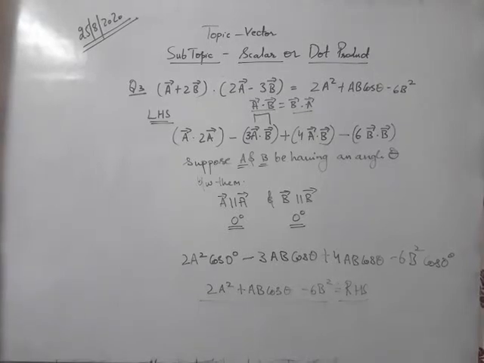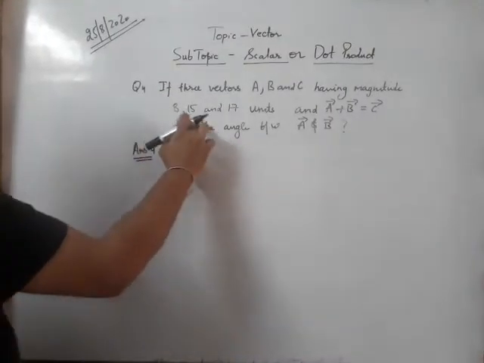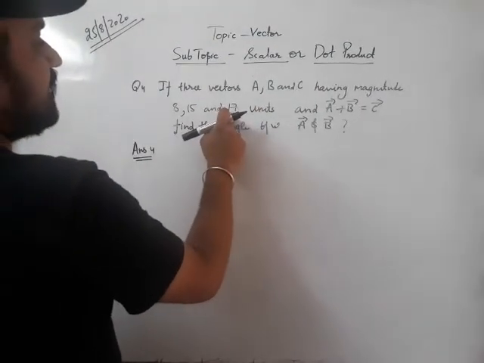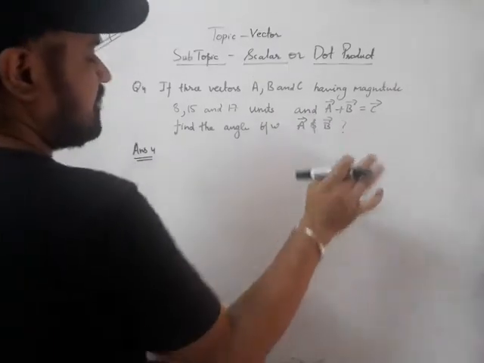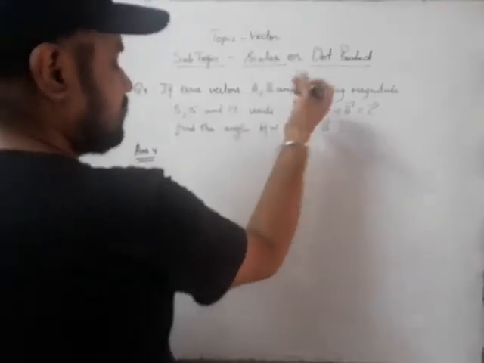Thank you. Now we are shifting to another question based on the scalar and dot product. How we will be finding out, I will let you know. It is being given that A, B, C are having magnitude 8, 15, 17 units. Means it is irrespective of any particular unit, it is units.